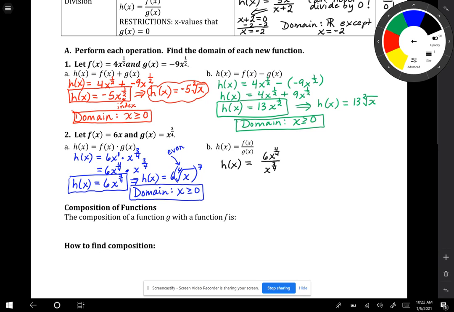So for this particular problem, we want to subtract 4/4 minus 3/4, and that would give us 1/4. So h of x equals 6x to the 1/4. It's always the bottom exponent subtracted from the top exponent.